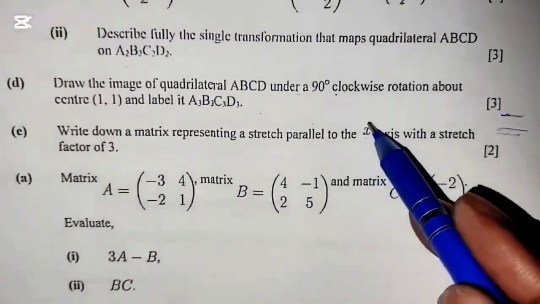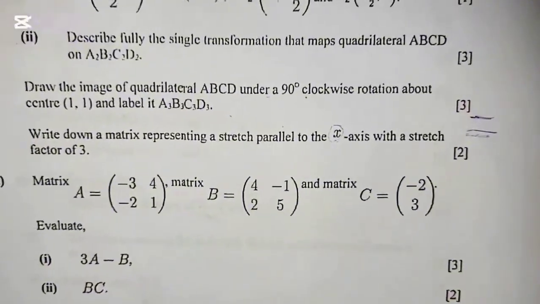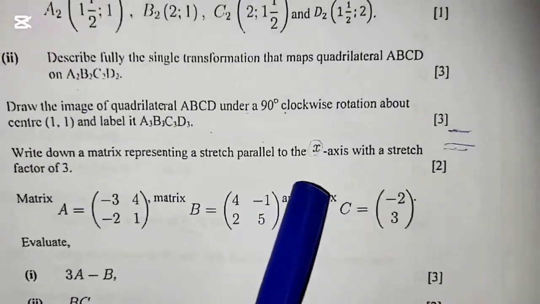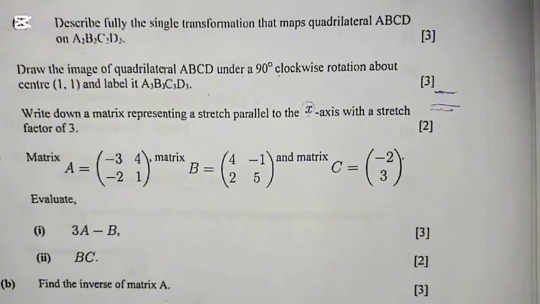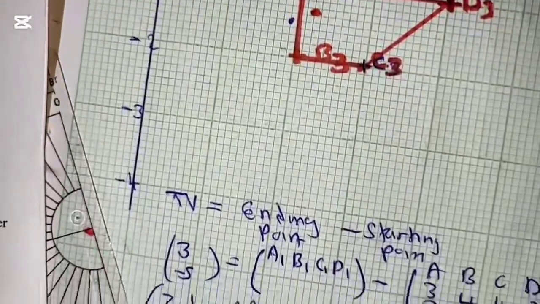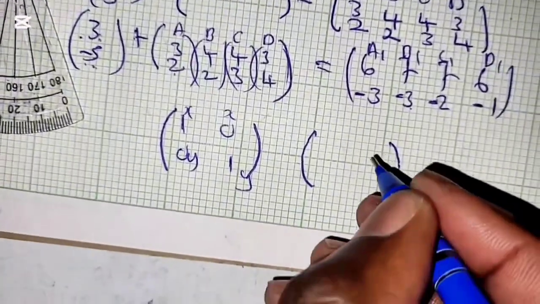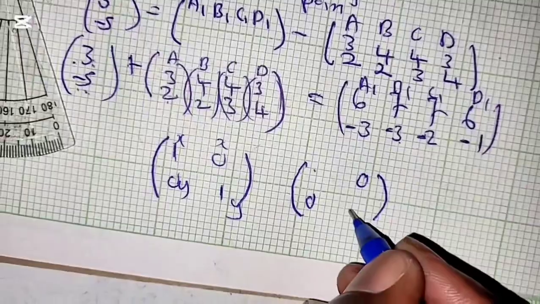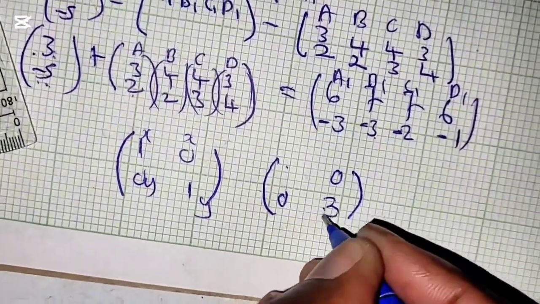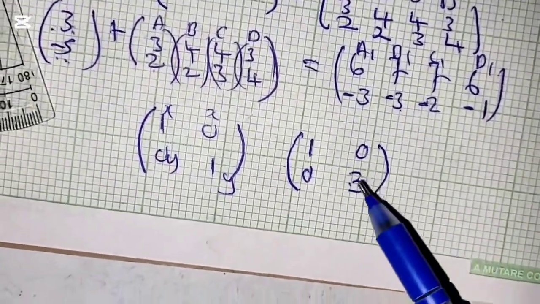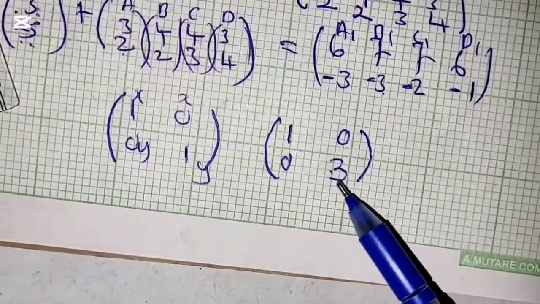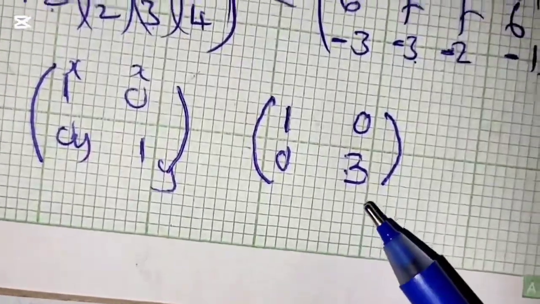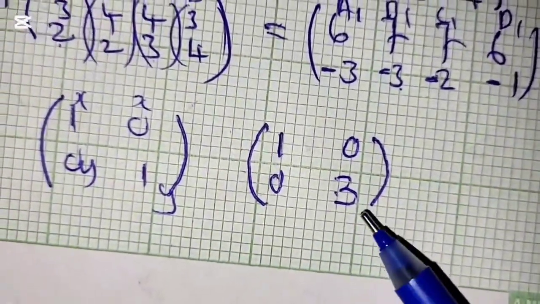Okay, in the x-axis, but on stretch. If the stretch is parallel to the x-axis, you are going to put your stretch factor on the y-axis. So you say parallel to x-axis, so that's 0 0 here. So we are not going to put 3 here, we're going to put 3 on the y-axis. So I'm going to put 3 on the y-axis like this. So this simply says one-way stretch factor 3, x-axis invariant, or parallel to x-axis, which means opposite to x-axis.